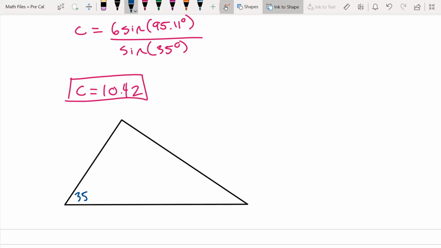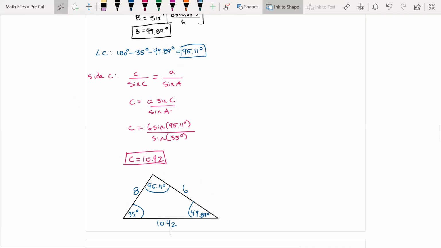And you'd have 35, 6, and then B is 49.89. And there is 8. And then you have 95.11 and 10.42. There you go. That's for the big triangle.